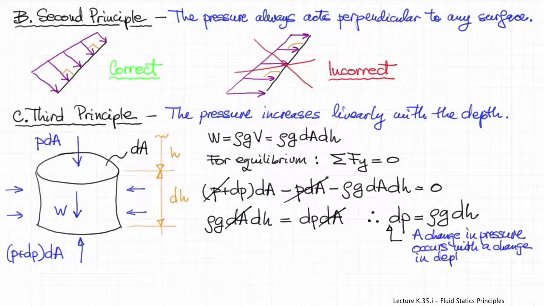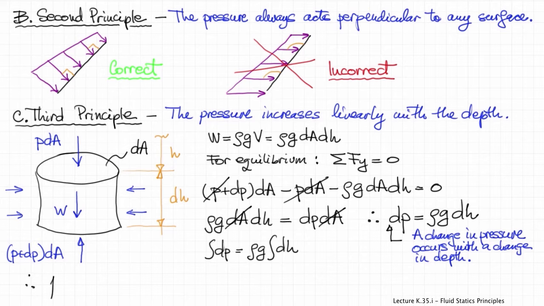Now, what we can do next is integrate both sides of the equation. And by doing so, we can establish an important relationship, which is P equals rho g H. So P varies linearly with H because rho and g are constant.